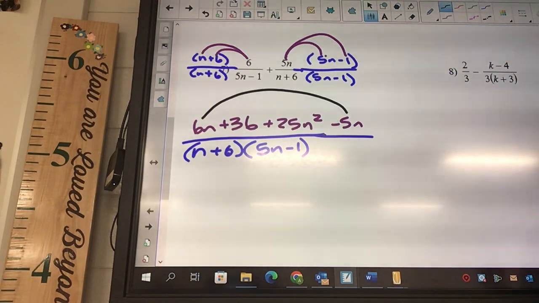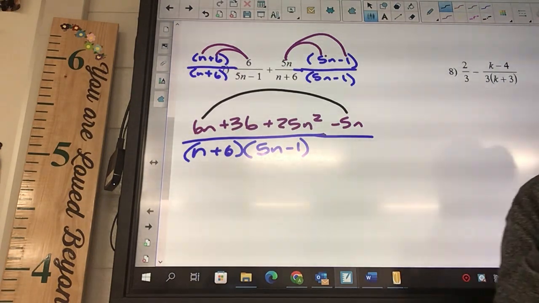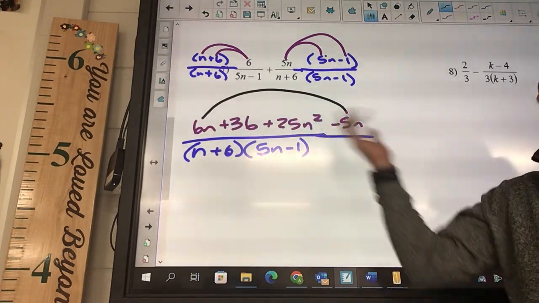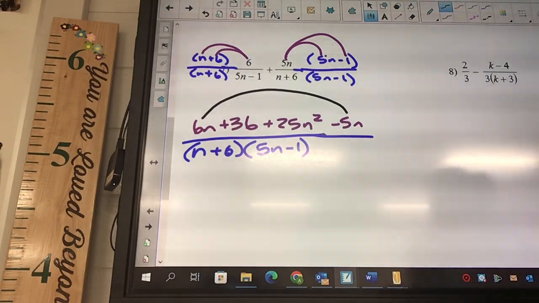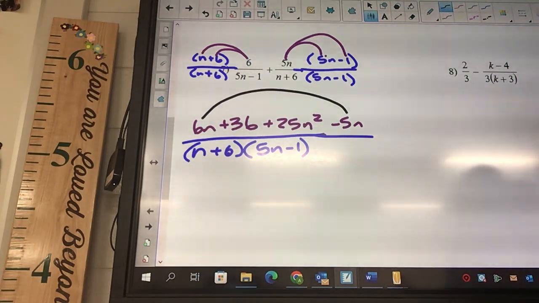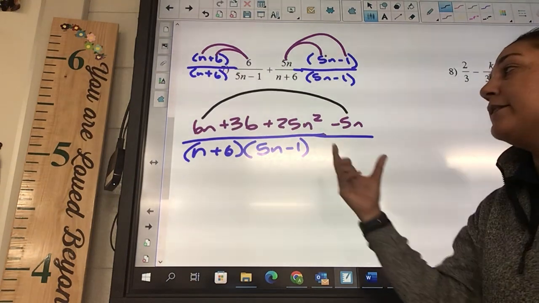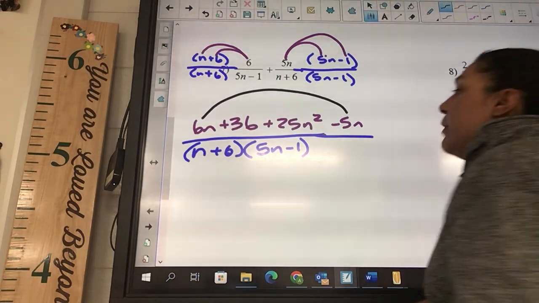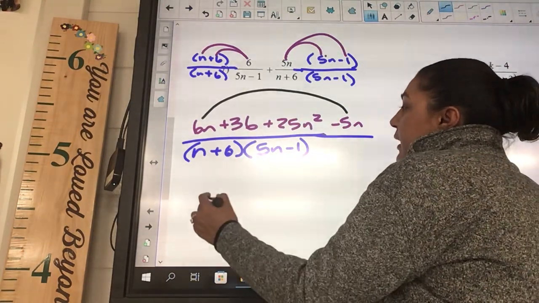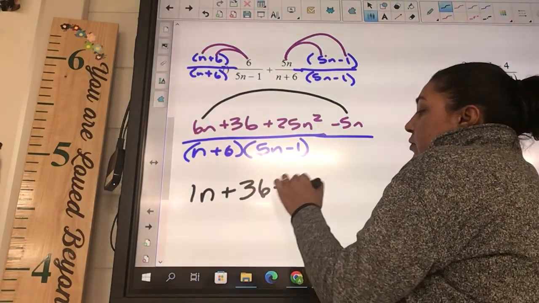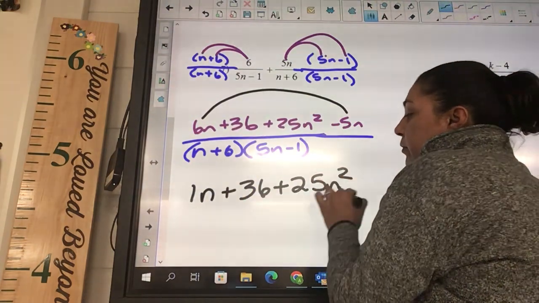Okay, from here on out, it does not matter the order. The proper order is going to write from highest exponent to lowest exponent. What is the highest exponent up top? The 25n^2, okay? Now, I'm not going to nitpick, so whatever order you write that is totally fine. Eventually, probably tomorrow, you guys need to start writing from least to greatest, because that's the proper way to do mathematics. But for the 6 and the 5, we're going to get 1n plus 36 plus 25n^2.